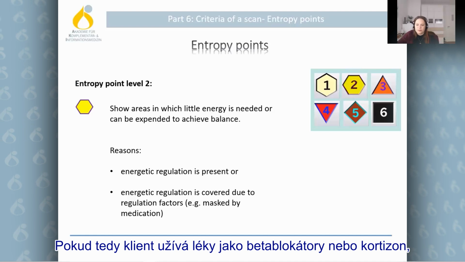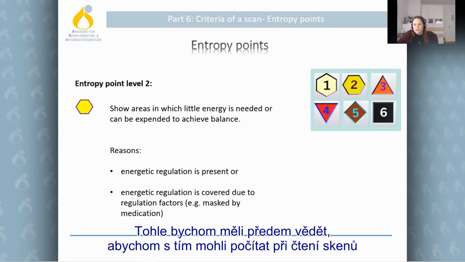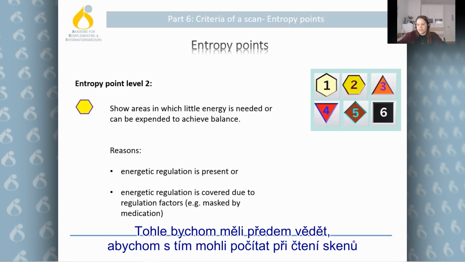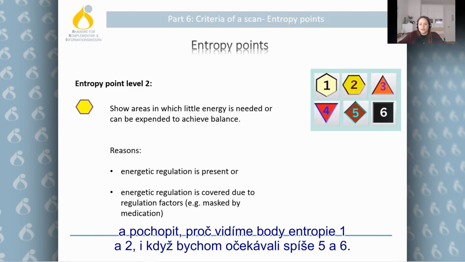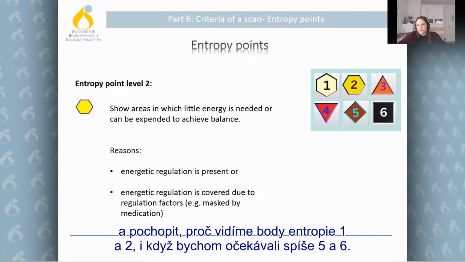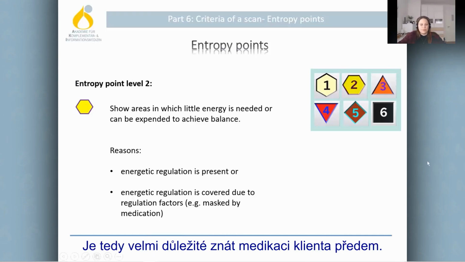When they use medications like beta blockers or cortisone, this can change the entropy points. This is what we should know beforehand, so that we are able to read the scan much better and to know why we have entropy points 1 or 2, even if we would expect 5 or 6 with all the stuff we know about the patient.